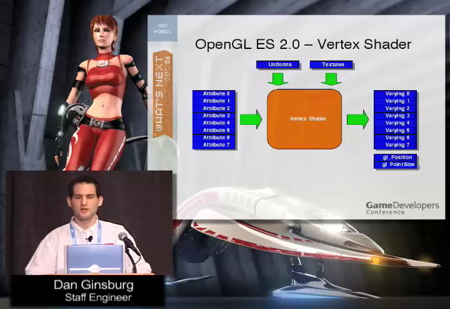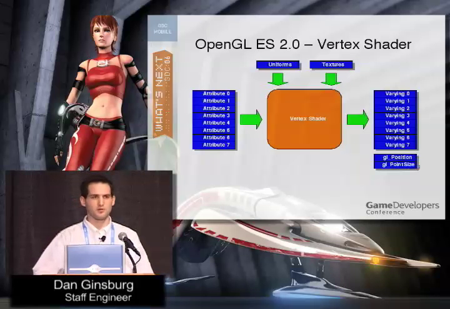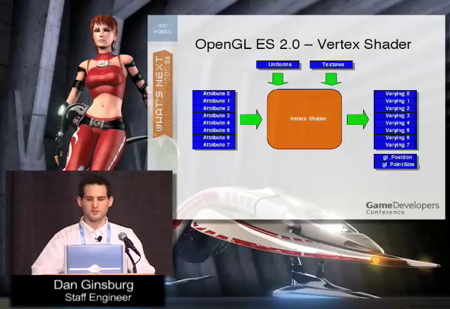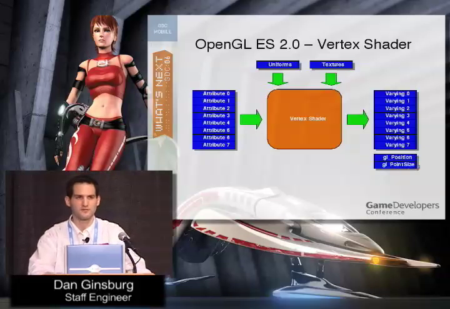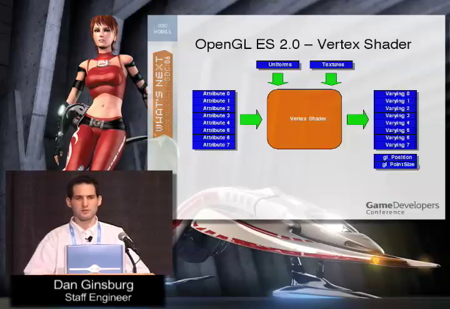In addition, the Vertex shader can read from a set of uniforms, and this would typically be loaded with things like your matrices or lighting state, that type of thing. Additionally, for implementations that support it, you can fetch from textures in the Vertex shader. And the Vertex shader produces as output a set of varyings. And these are the outputs that are going to be read as input in the Fragment shader that will be interpolated across the primitive.